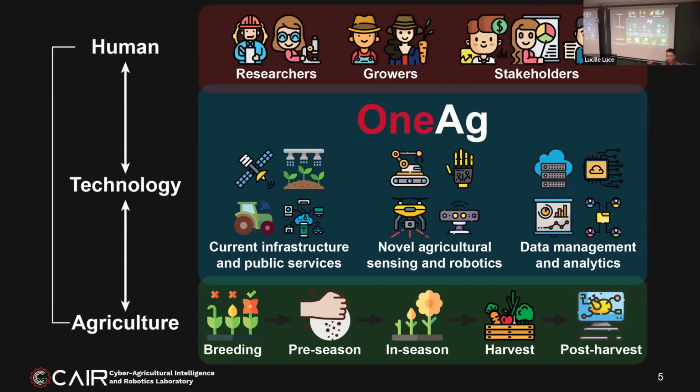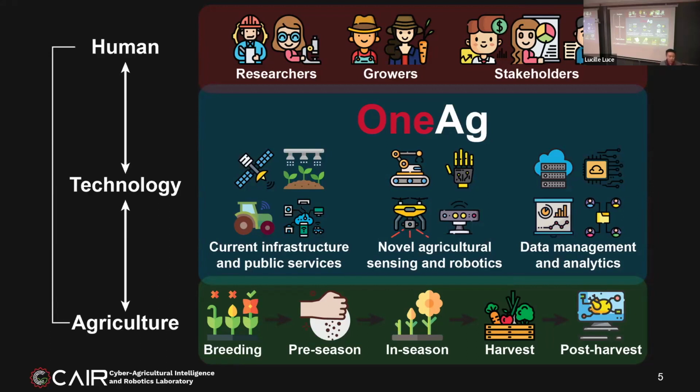And then of course the agri system itself, starting from breeding, and then in season management, and then after season for the post-harvest evaluation. So in the past several thousand years, we rely on our direct interaction to get experience, and now with more and more tools, we hope to use a more data-driven approach to summarize our experiments and find the new knowledge that we can translate to the next generation, and we continue this whole cycle.